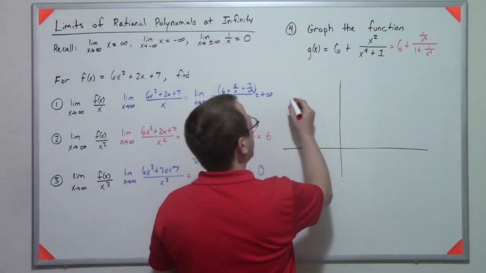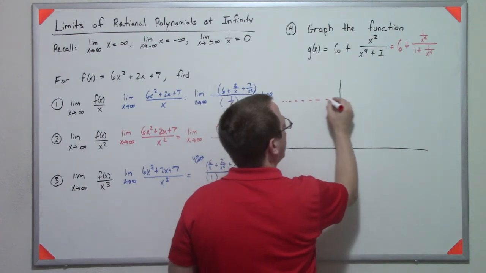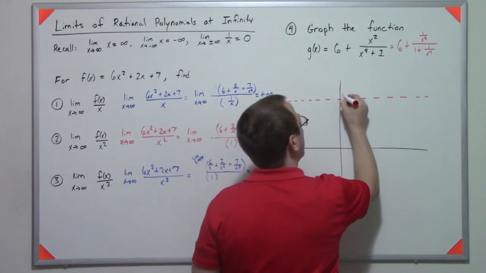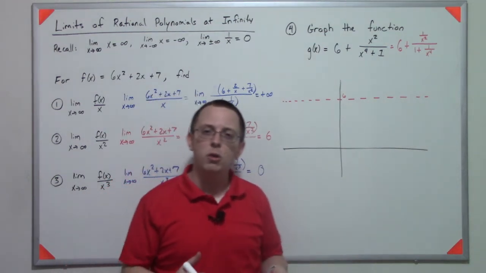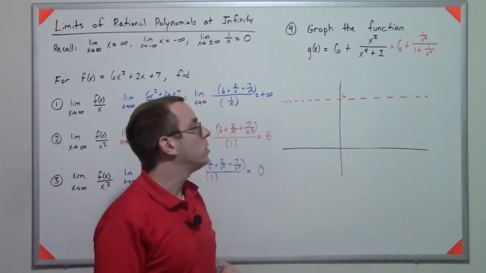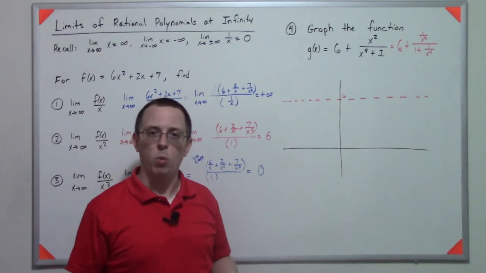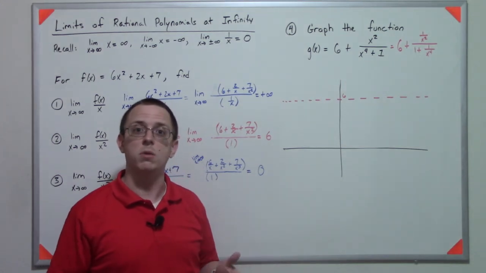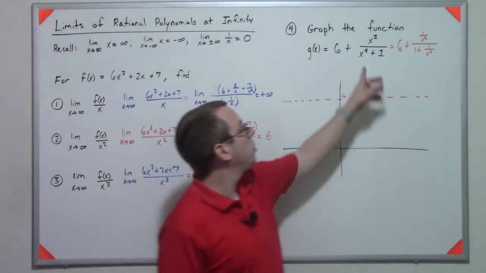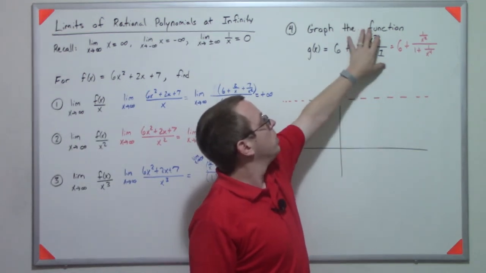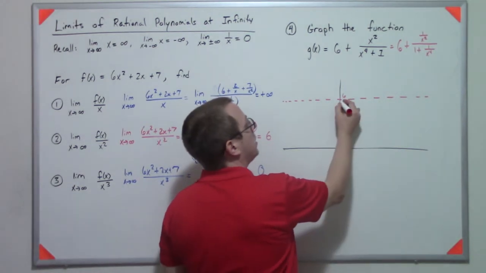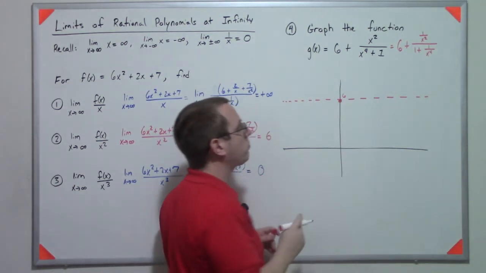So long term, we know that we're only left with 6, but then we have to figure out a little more to actually graph this thing. One of the things you can do is find the y-intercept. You just plug in 0 and see what happens. If I plug in 0, I get 0 over 0 plus 1, so that also vanishes. That tells me it's at 6 at 0.